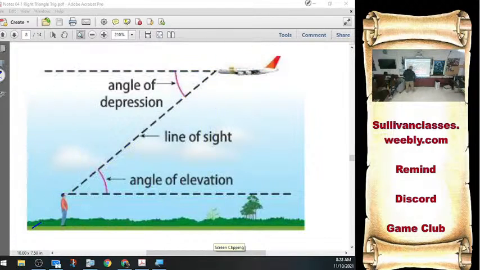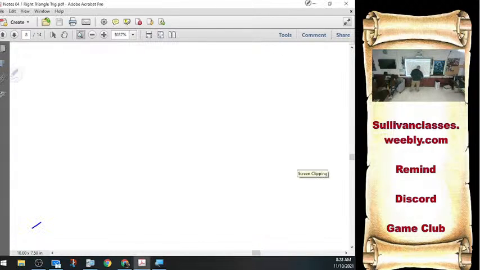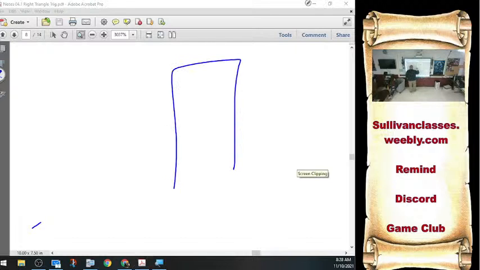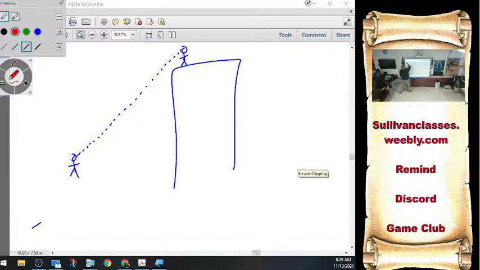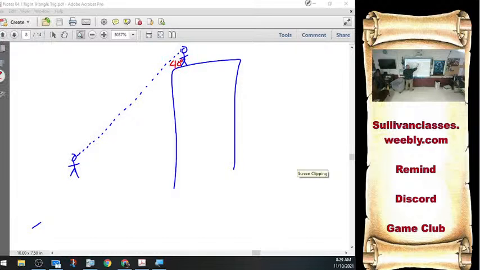Say there's a building, stick figure Steve is down here, and stick figure Sally's up here, and it says stick figure Sally looks down at stick figure Steve with an angle of depression of 40 degrees. And I will see kids time after time put 40 degrees here.